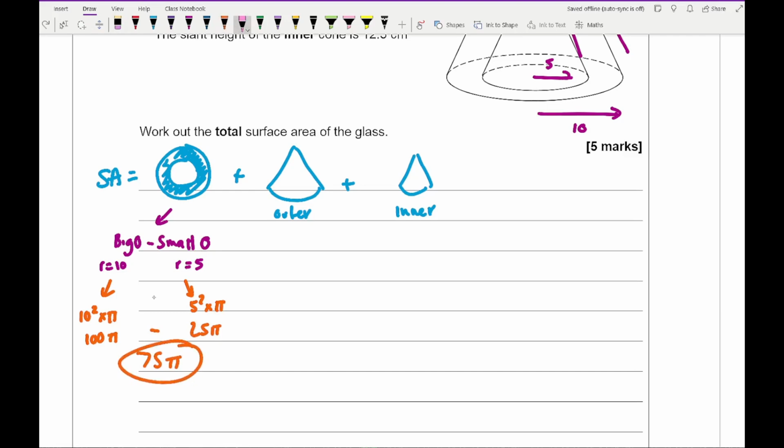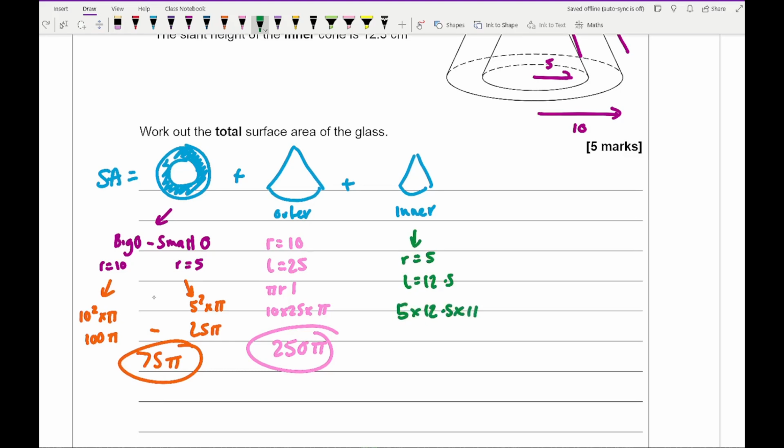Then for the outer cone, that's got a radius of 10 and an L of 25. So using the formula pi r L, that's going to be 10 times 25 times pi, so that's going to be 250 pi. And then for the inner cone, that's got an r of 5 and an L of 12.5, so that's going to be 5 multiplied by 12.5 multiplied by pi, which comes to 62.5 pi.